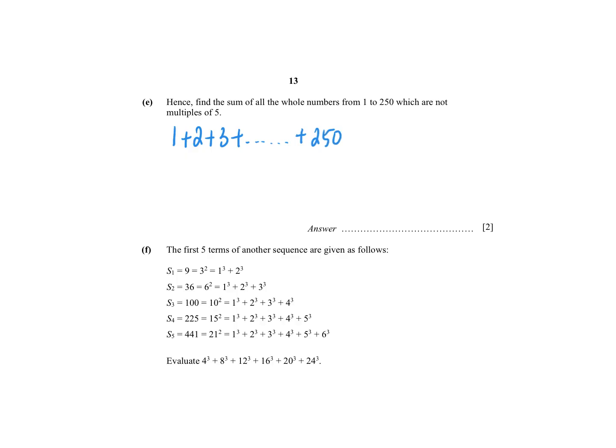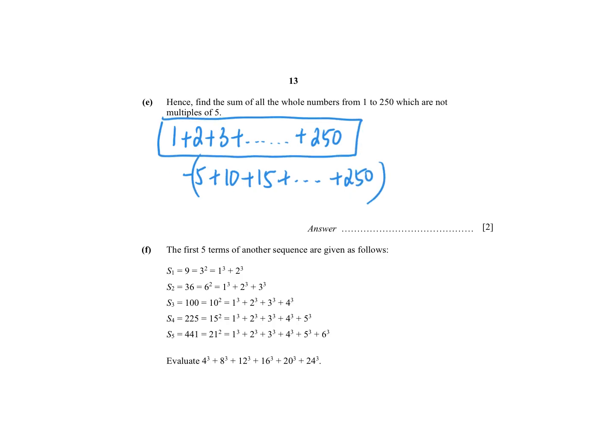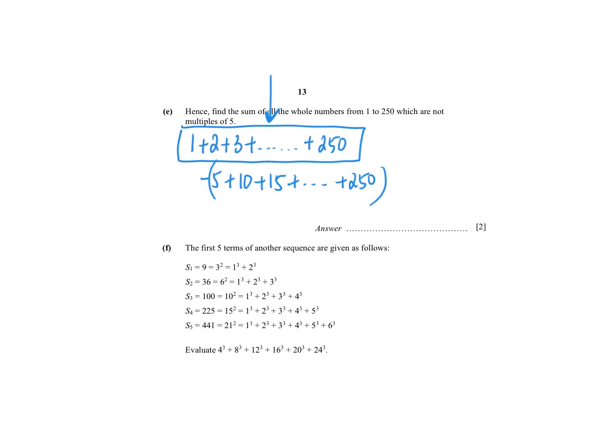That means you must minus off 5, 10, 15, all the way until 250. So they want you to use this to subtract off multiples of 5.